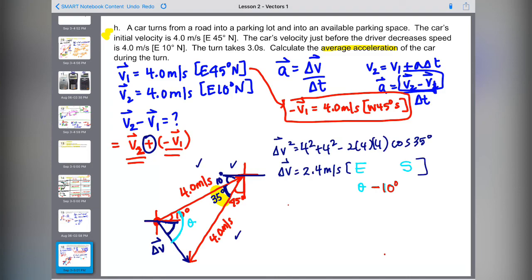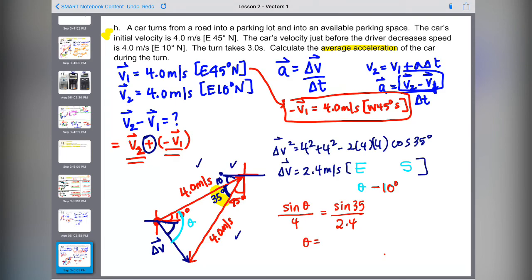So let's work this out. Sine of angle theta over 4 is equal to sine of 35 divided by 2.4. Cross multiply, solve for your angle theta. So 4 times sine of 35 divided by 2.4 equals the sine of the angle.